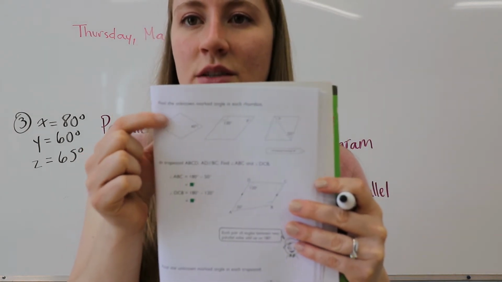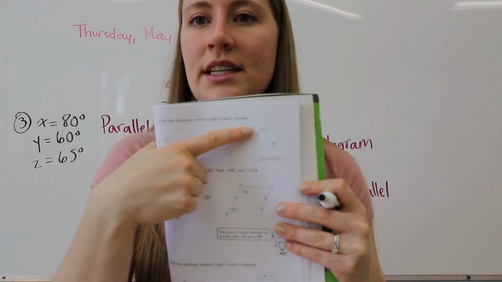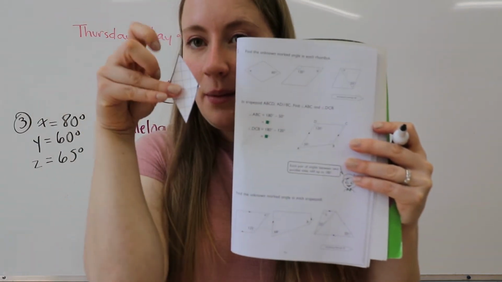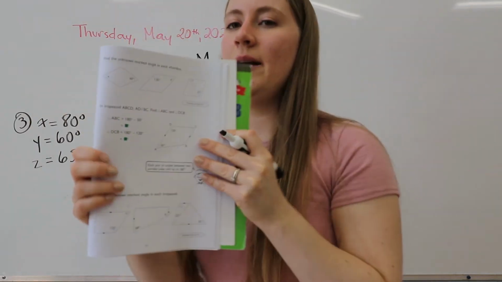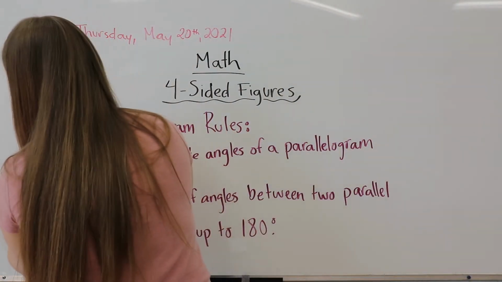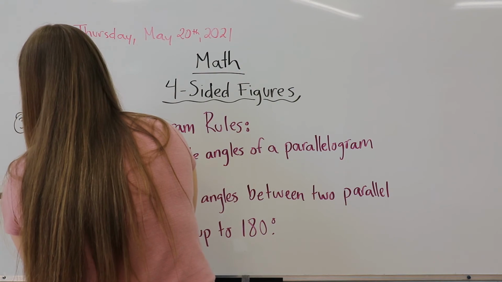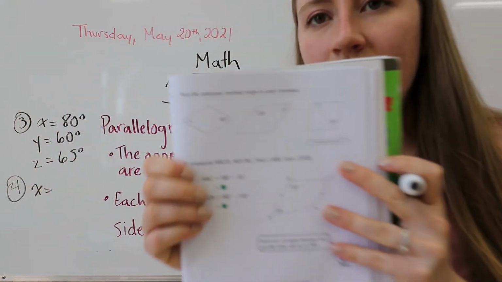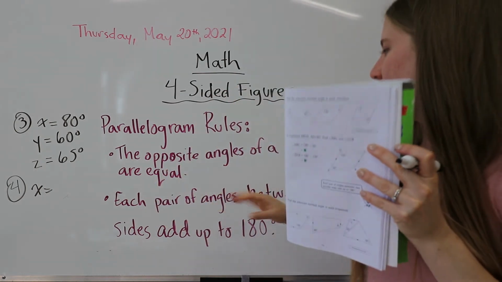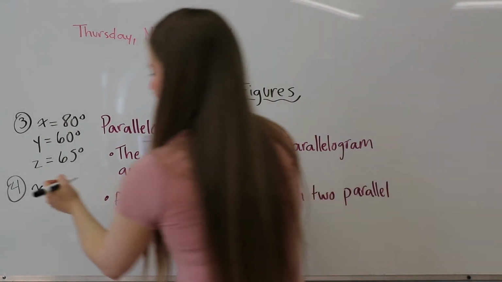This question tells us that all of these are rhombuses, which is important because we're going to see what happens with this in just a moment. But first, let's start with X. We see that we're given the angle that's across from it, so we can just use our rule number 1. The opposite angles are equal, so it's also 60 degrees.